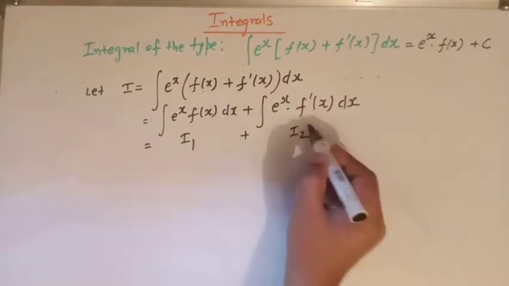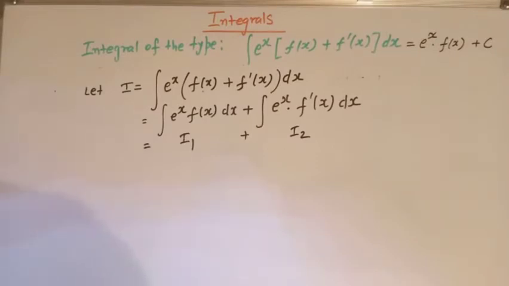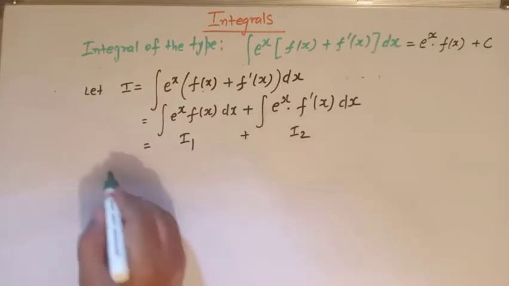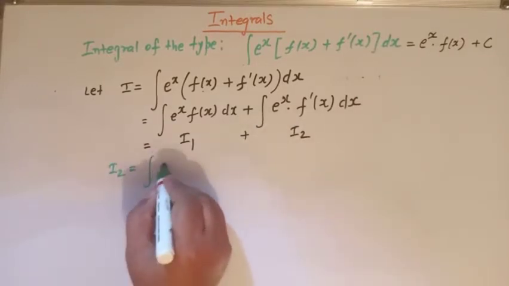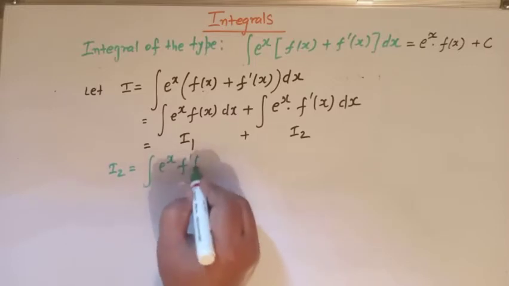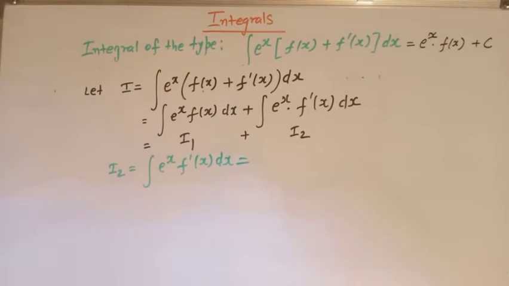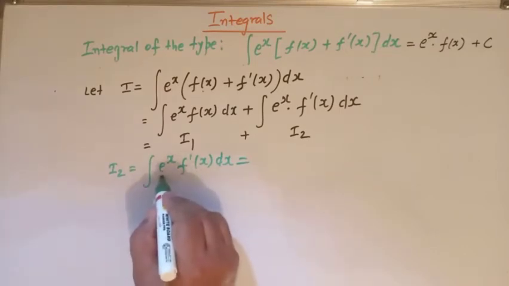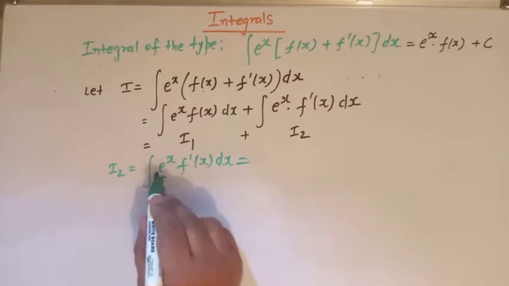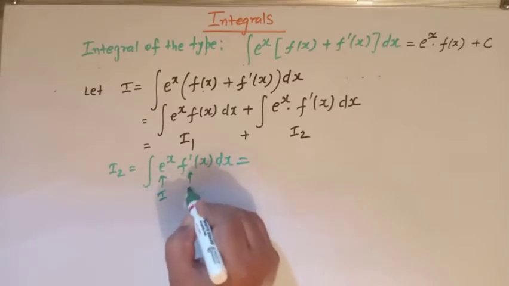Clear? Now let us solve the integral I2 by using integration by parts. Clear? So let I2 be the integral of e raised to x f prime of x dx. Clear? Okay. Now here we assume that the function e raised to x is the first function and f prime of x is the second function.